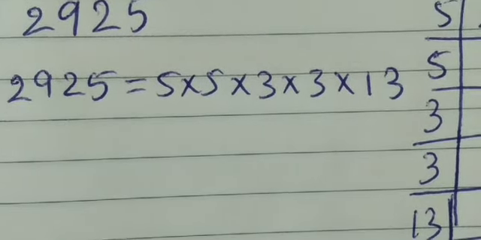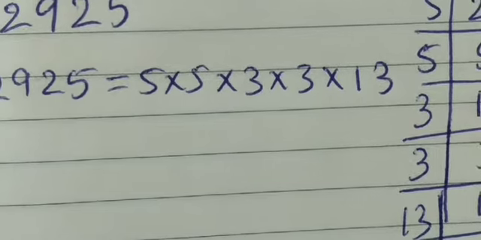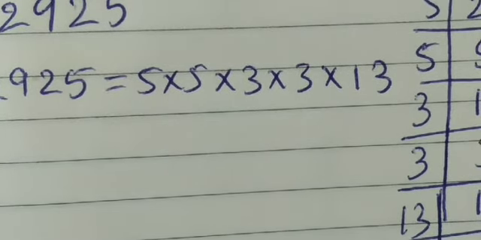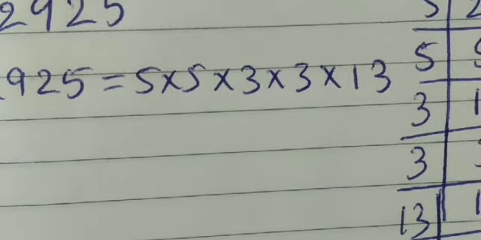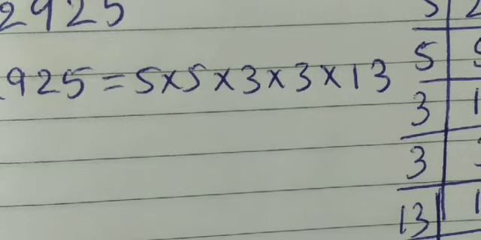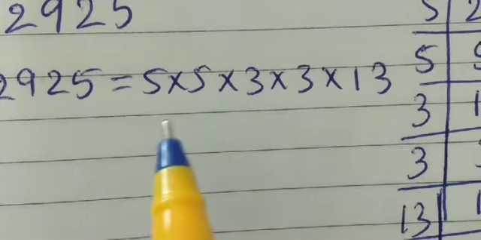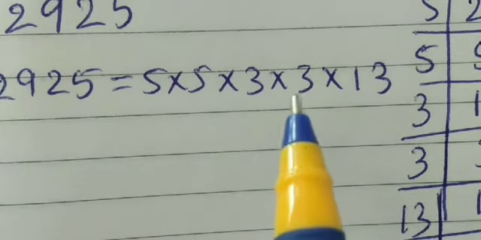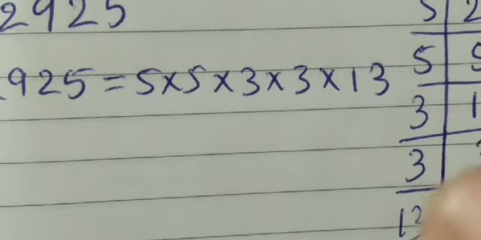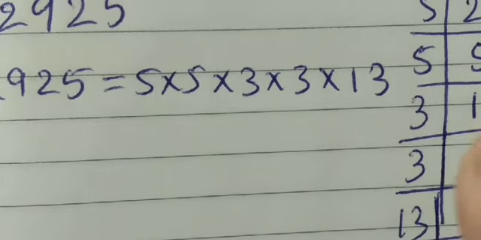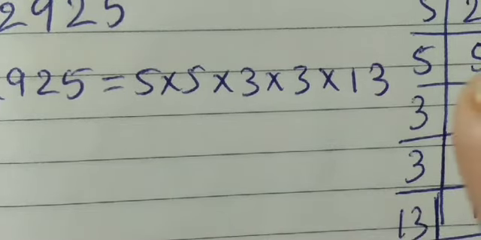Many of you might be told, or guided by your parents or teachers, that we cannot take bigger factors first and then go for the smaller factors. I would say that no, there is no difference in it.